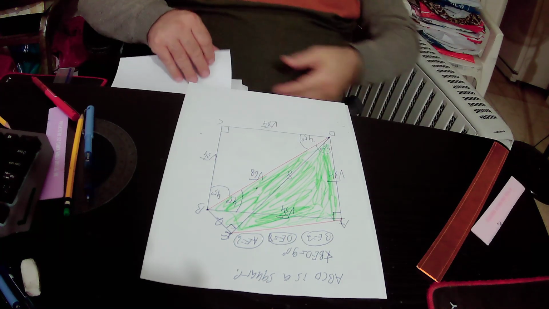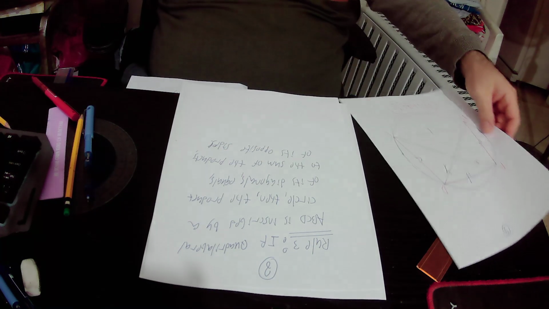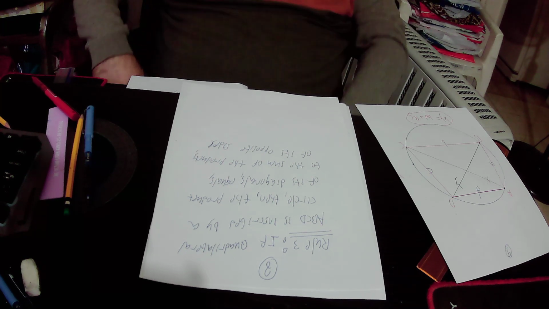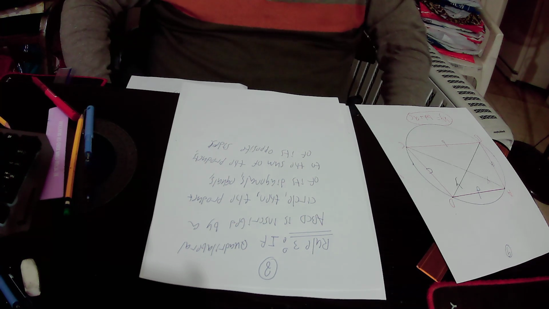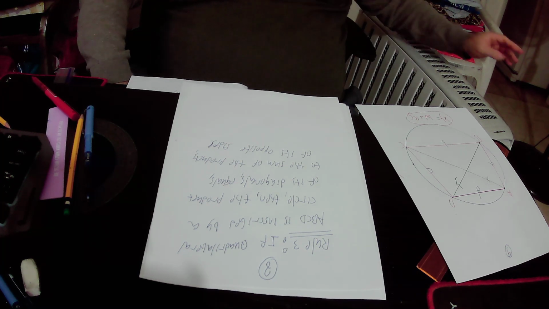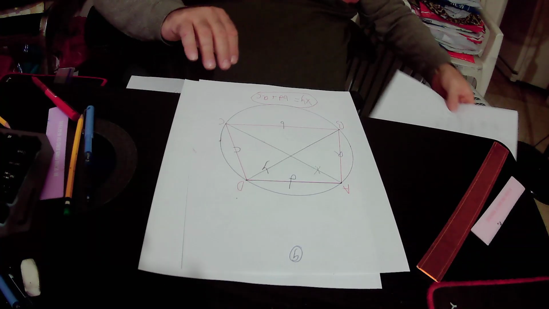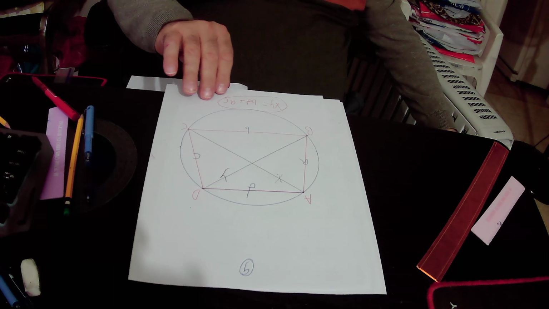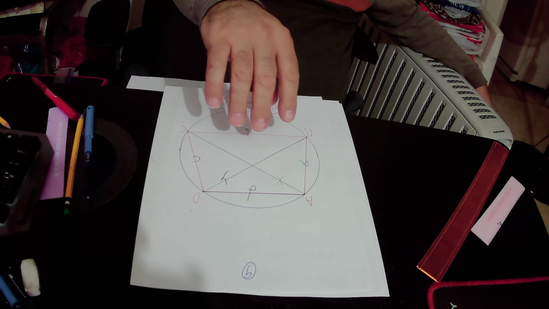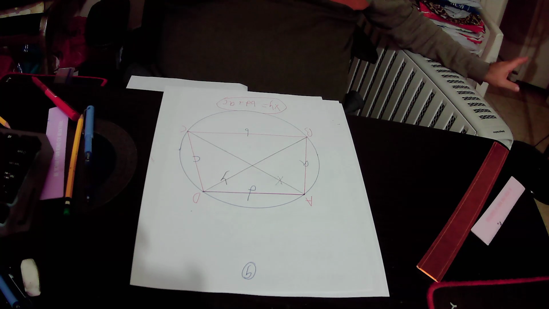Okay, according to rule number 3, if quadrilateral ABCD is inscribed by a circle, then the product of its diagonals equals the sum of the products of its opposite sides. So what is the meaning of rule number 3? The meaning is, if we have quadrilateral ABCD, as you can see, the red quadrilateral ABCD is inscribed by this blue circle.